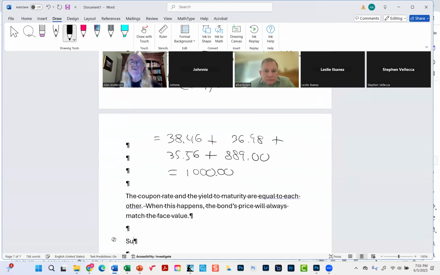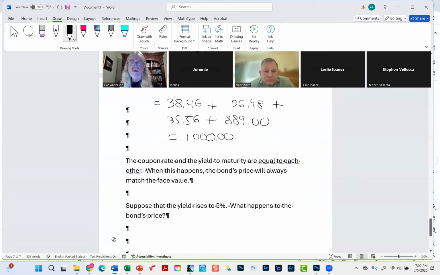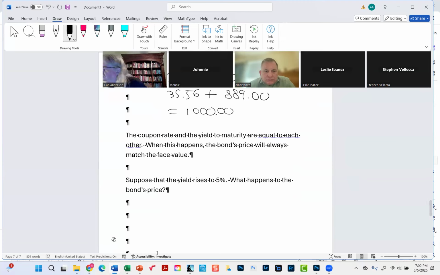Now, suppose that the yield rises to 5%. What happens to the bond's price? Well, what we're going to end up with is, oh, sorry, that one's a 5.